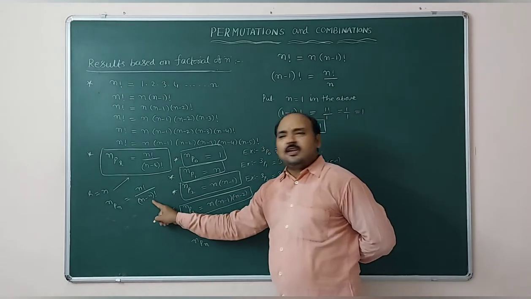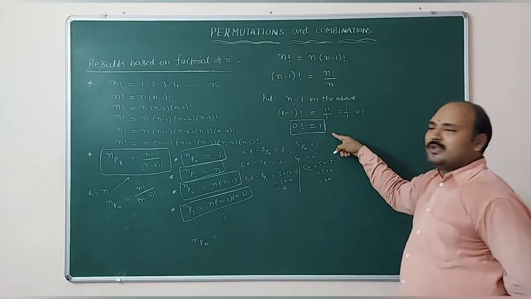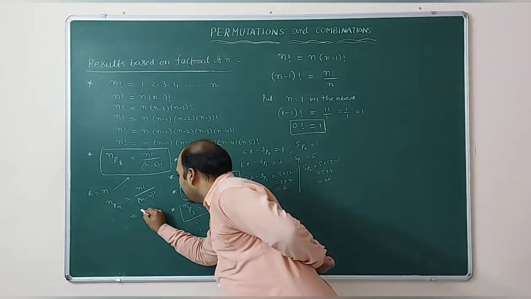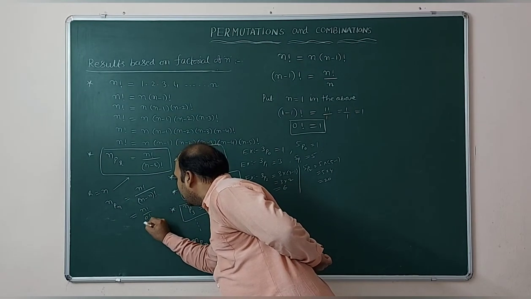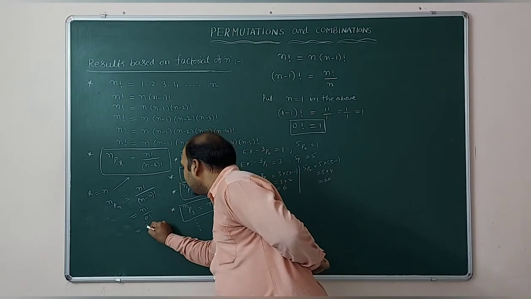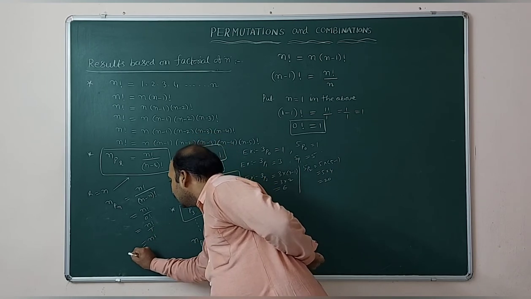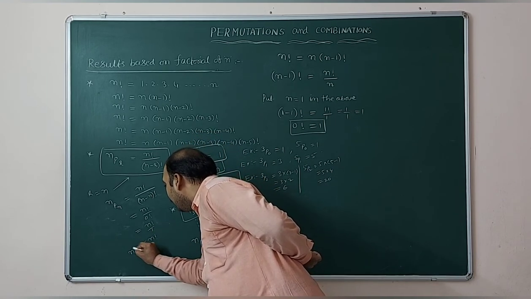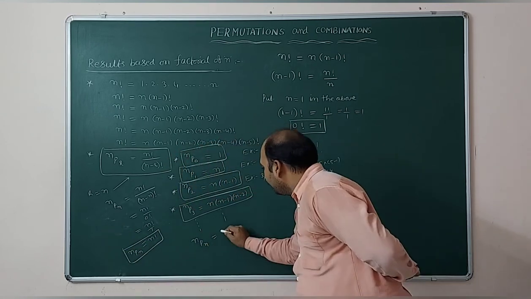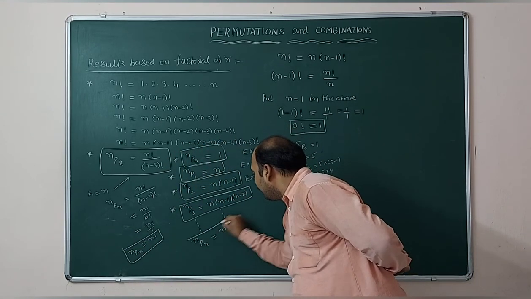Here n minus n is 0, and 0 factorial, we got it here, is 1. So now n factorial by 0 factorial is equal to n factorial by 1, that is equal to n factorial. So from now onwards, nPn means n factorial.